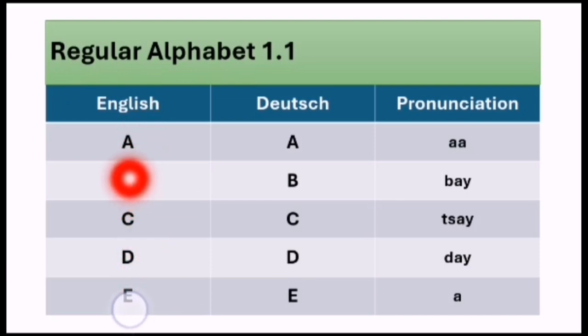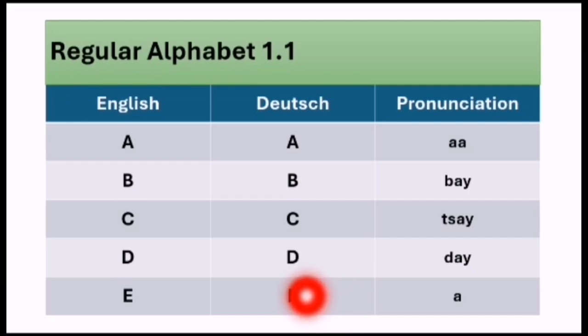Okay, so now start. A, we write the same as in English, but we pronounce it ah. B, writing shape is the same, but we pronounce it bay. C, writing the same, but pronunciation is different: tse. D, writing is the same, but we say day.